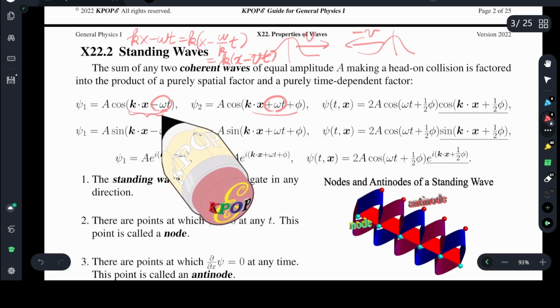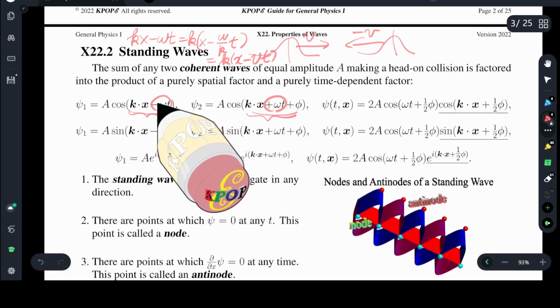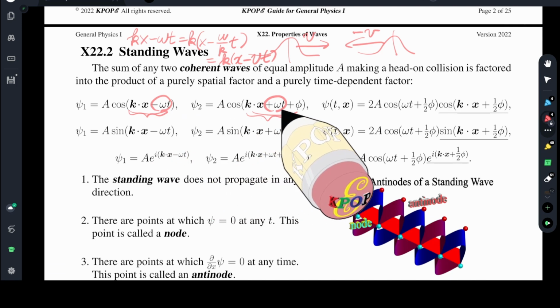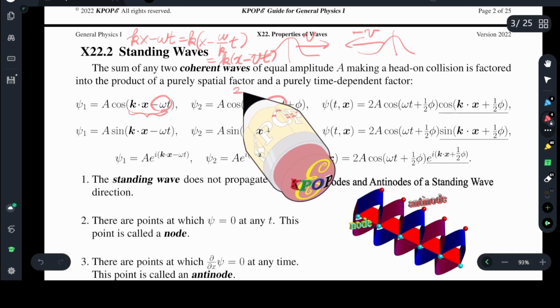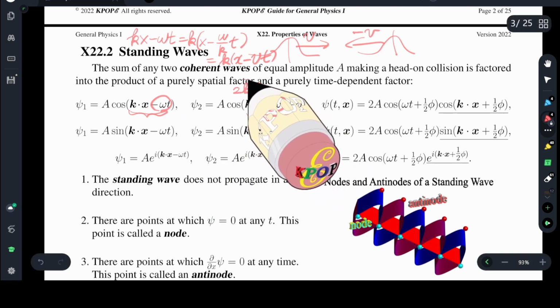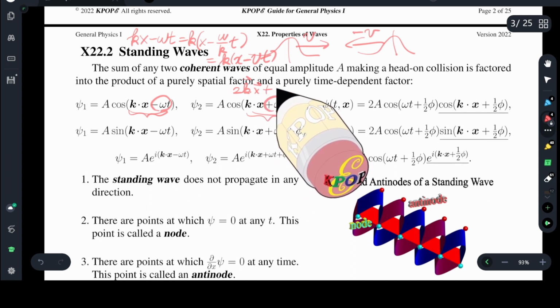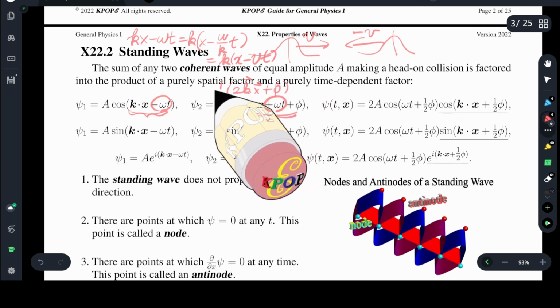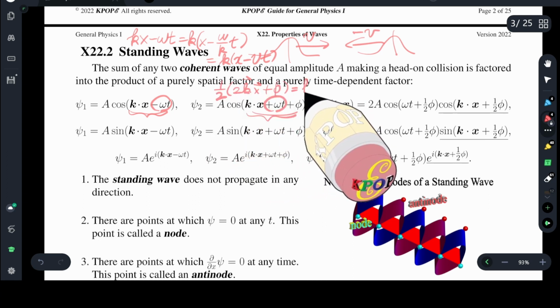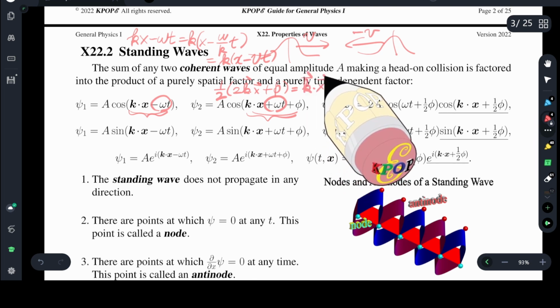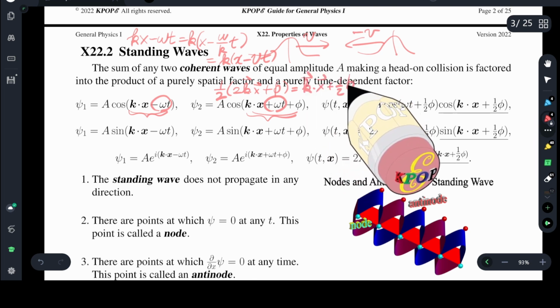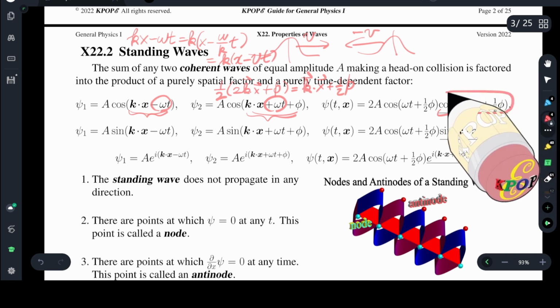The sum of these two phases is 2k dot x plus phi, and we average this to find k dot x plus 1/2 phi. That appears as the same function.